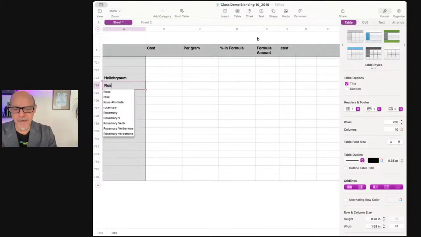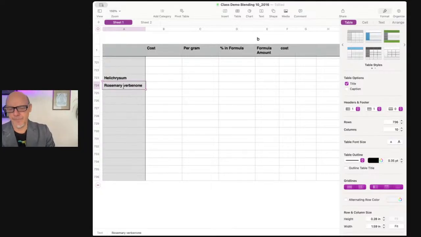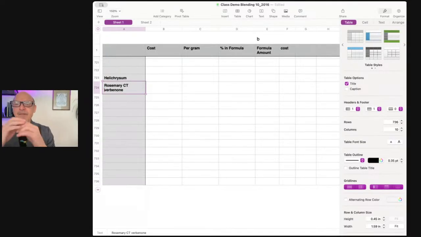I'm going to write another one down here, and this gets into chemotypes. So I'm going to put the CT in there. What that refers to is that rosemary has several different chemical structures depending on, usually, the elevation, but where it grows, it can change, and with that the rosemary chemistry changes. So rosemary cineol type: when I say cineol, just think eucalyptus.